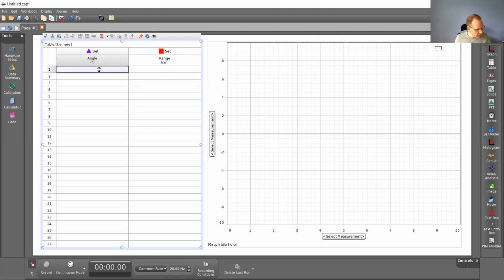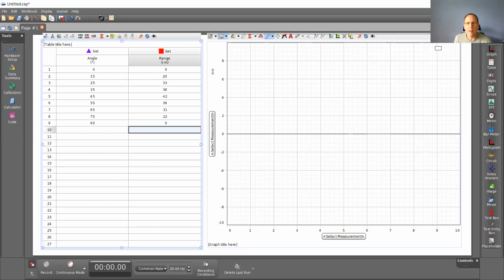So let me make up some data to show you what this should look like. The angles will be the same: 0, 15, 25, 35, 45, 55, 65, 75, 90. And then let's say these are my range values: 0, 20, 33, 38, 42, 39, 31, 22, and then 0.